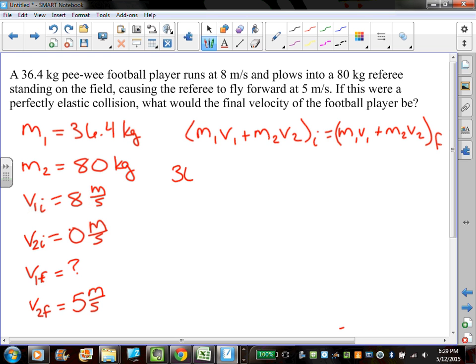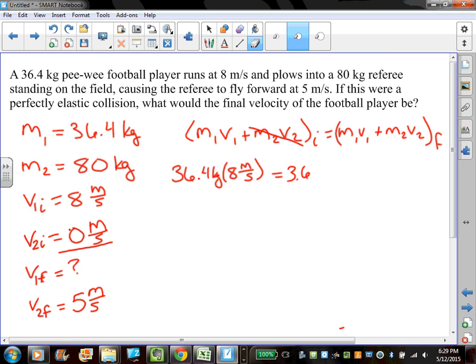So 36.4 kilograms times 8 meters per second plus, well, I already know that the velocity of our referee at the beginning is 0, so this whole thing is going to end up being 0. I'm just not going to bother with it. So really, this is going to be equal to the mass of the kid, 36.4. Oops, not 3.64. We want 36.4.